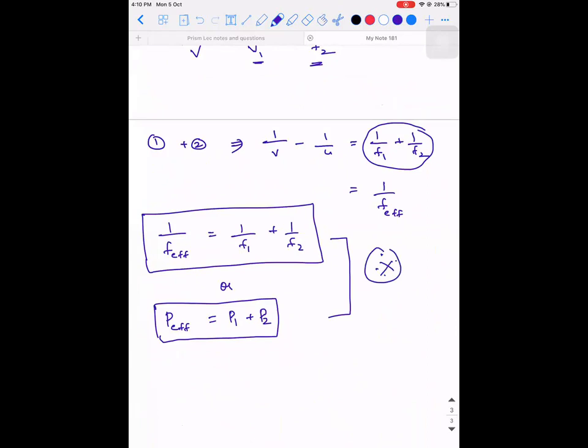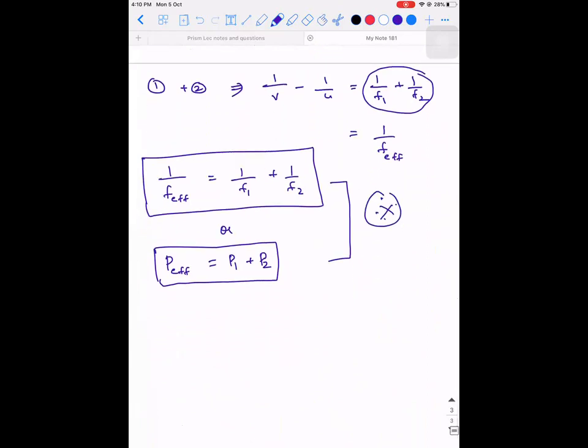Now observe. Similarly, I'm going to find the relation between their magnification. What is the value of magnification due to the first lens? So M1 will be equal to v by u. The basic formula for magnification, I'm talking about linear magnification, is v by u, correct?